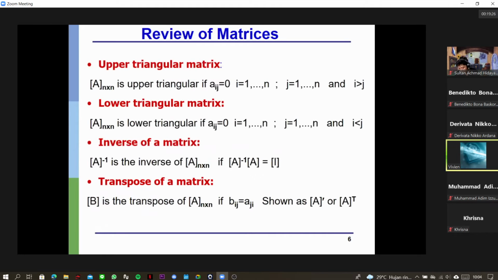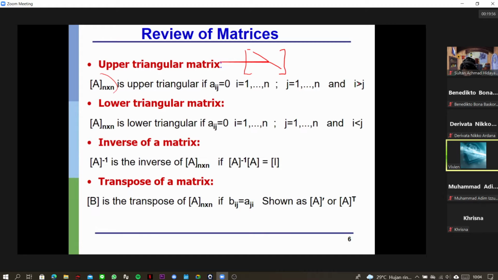Okay. So we also have the term of upper triangular matrix. When we talk about a triangle, this triangle will be divided by the diagonal line here. So the square matrix A is an upper triangular matrix if all the elements a_ij are equal to 0 for i from 1 up to n, j from 1 up to n, and i is greater than j.